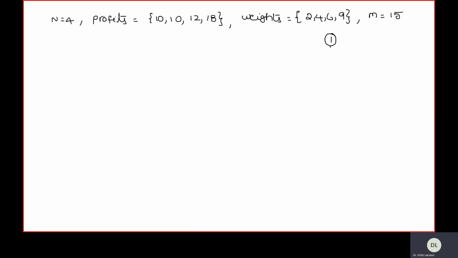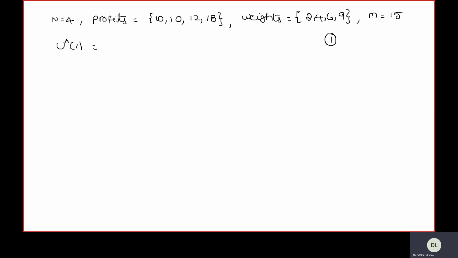So whether the node is expanded further or not depends on the upper bound value. So here we need to calculate upper bound of 1 and lower bound of 1 first. While calculating upper bound, fraction of items are not allowed.